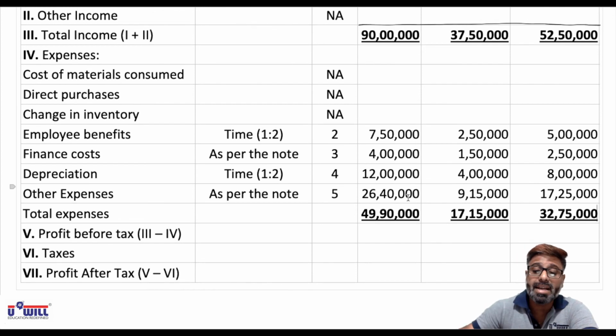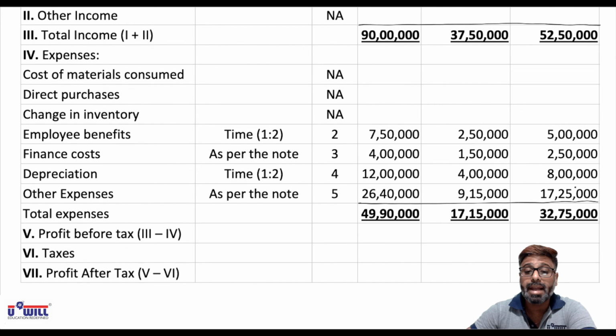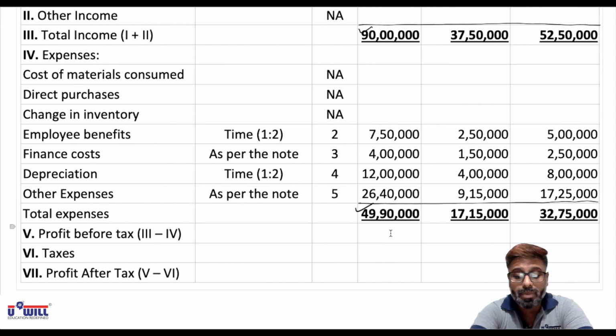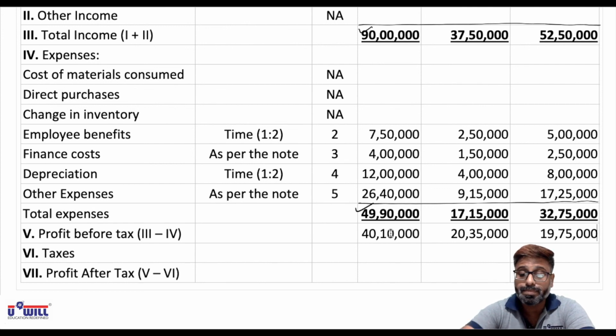Now profit before tax. We do 3 minus 4, that is 90 lakhs minus 49,90,000. So profit before tax will be 40,10,000. Then 37,50,000 minus 17,15,000 is 20,35,000, and 52,50,000 minus 32,75,000 is 19,75,000.